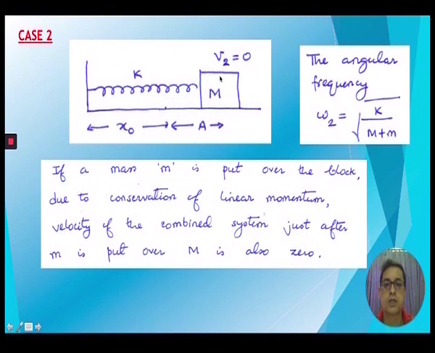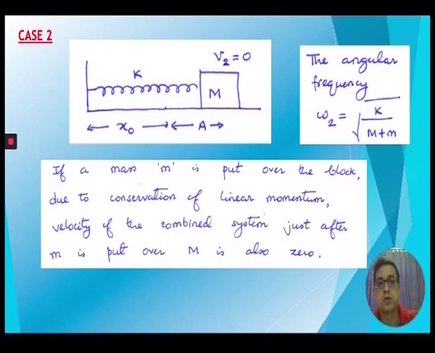So if a mass m is put over this block, due to conservation of linear momentum, the velocity of the combined system just after m is put over is also 0. I hope you are getting it, because when it is extended to the extremum position, you have only potential energy, so there is no kinetic energy. After that, you put this mass.